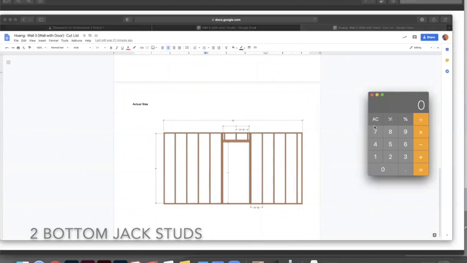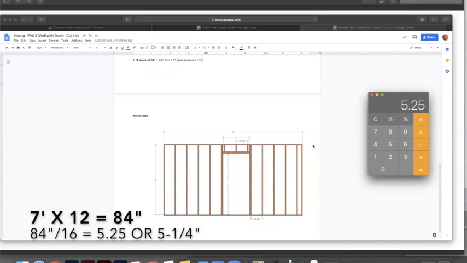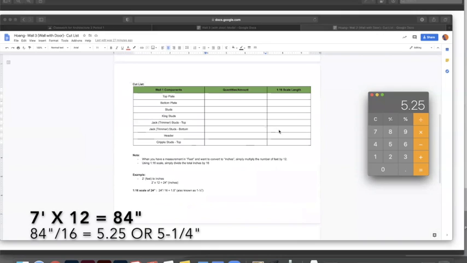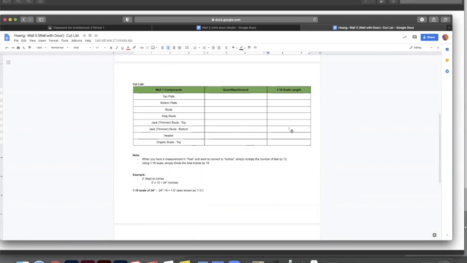We're going to take 7 feet times 12 to get the inches. It's 84, divided by 16 is going to be 5.25. 5.25 is the same thing as 5 1/4 inch, so 0.25 is 1/4. Therefore, for the bottom jack stud, you're going to need 2 of those, and it's going to be 5 1/4 inch.